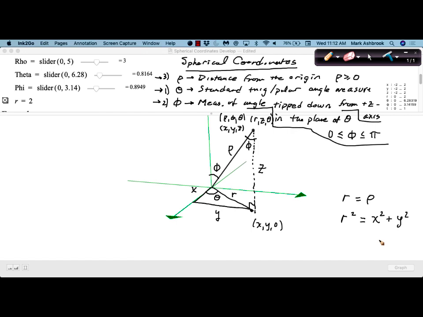What's the hypotenuse of that triangle? Rho is the hypotenuse. R and Z are the right angles, those are the legs. Rho is the length of the hypotenuse. So R is rho sine phi, because R is opposite phi, right?